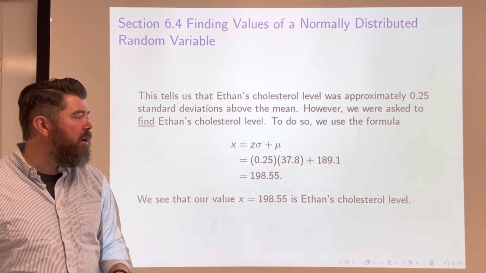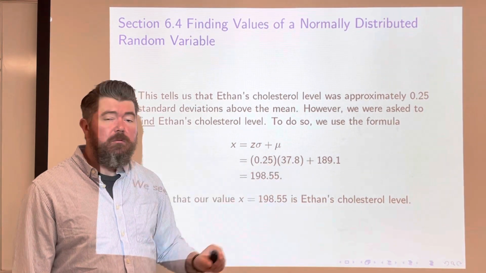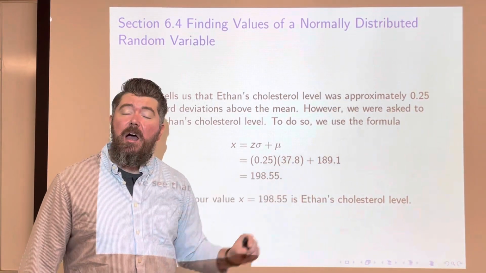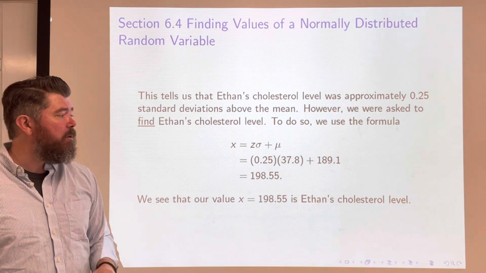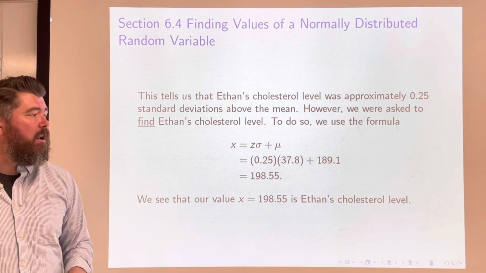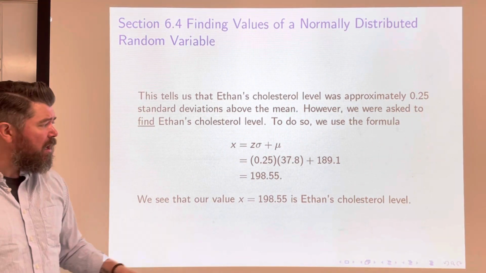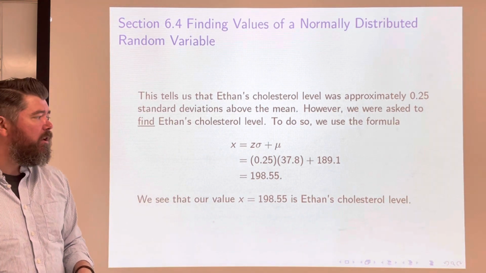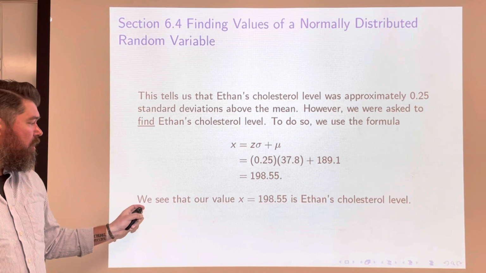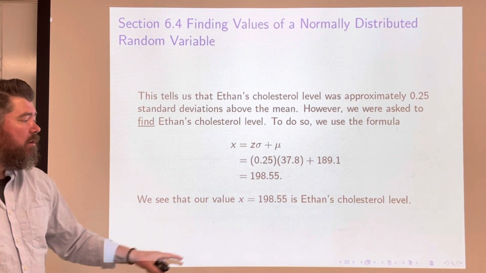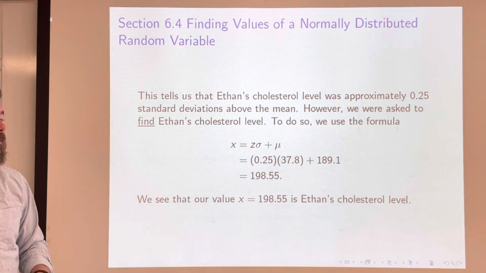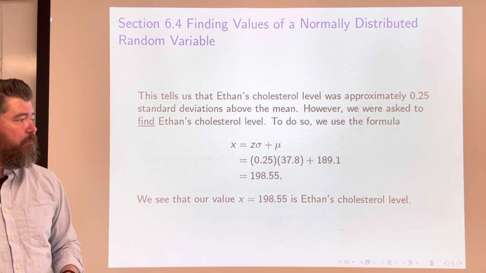I have my sigma, which was given in the problem, 37.8, and I have my mu, which was given in the problem, 189.1. And this gives us approximately 198.55. We see that our x value of 198.55 is Ethan's cholesterol level.